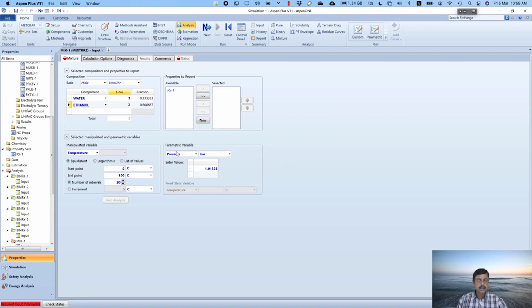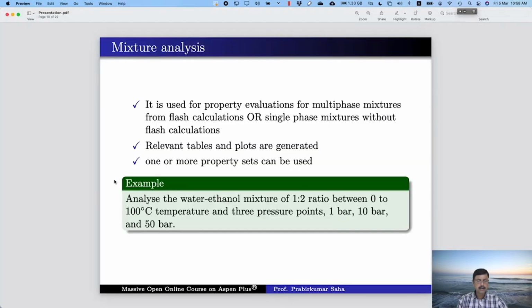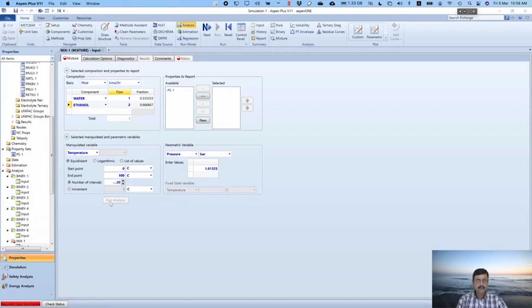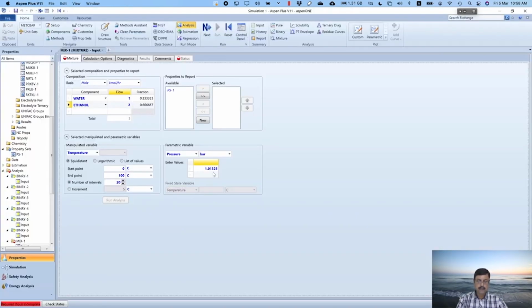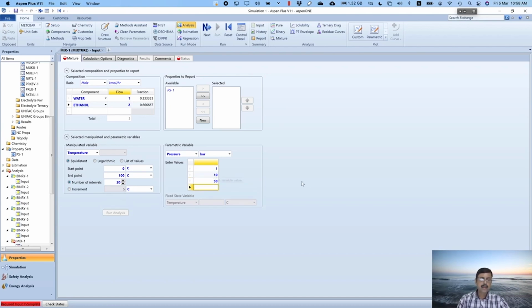And the temperature range from 0 to 100 degrees centigrade with 20 intervals, and pressure 1 bar, 10 bar and 50 bar. So enter the values: 1 bar, 10 bar and 50 bar. So for 3 values we get. And what are the properties to report? We have already set them. Just select them and run the analysis.